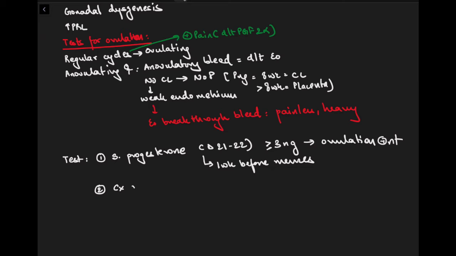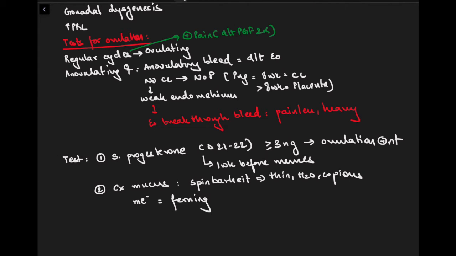Second test is cervical mucus. It is also known as the Spinnbarkeit method. The cervical mucus would be thin, watery, copious, and microscopy will show ferning in the first phase of the cycle, that is the follicular phase, or under the effect of estrogen.